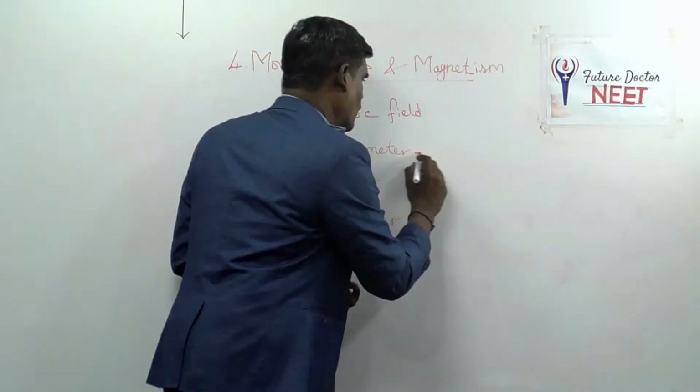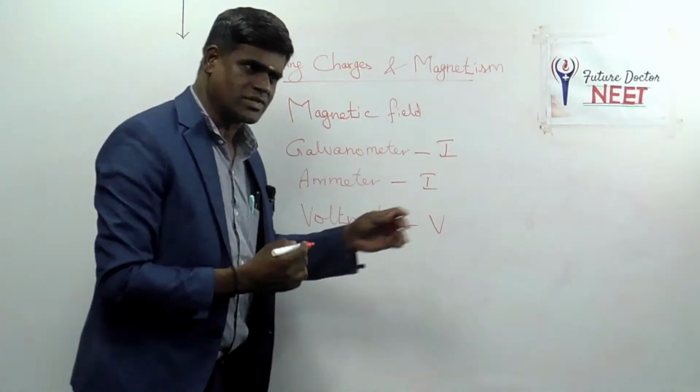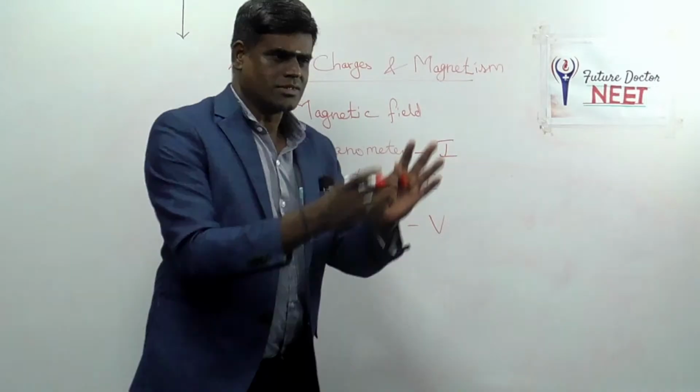At the end of this chapter, the galvanometer is going to be converted into an ammeter or voltmeter. The last three topics will be these only. Moving coil galvanometer, where there will be some derivation. From that, deflection per unit current and deflection per unit voltage, the sensitivity of the moving coil galvanometer, we are going to find.